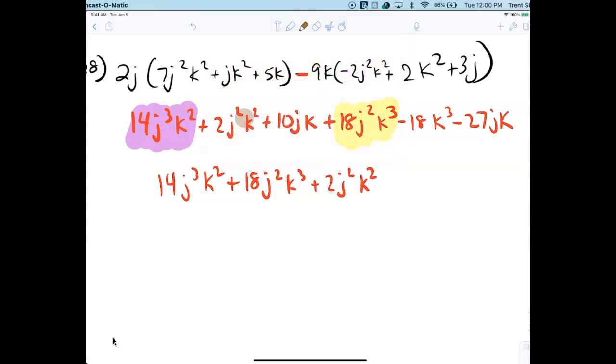All right. And then the jk and the jk comes out to be what? Oh, wait a minute. Well, we got to do the j before the k cubed. So that would be minus, does everybody agree, 17jk? And then minus 18k cubed.